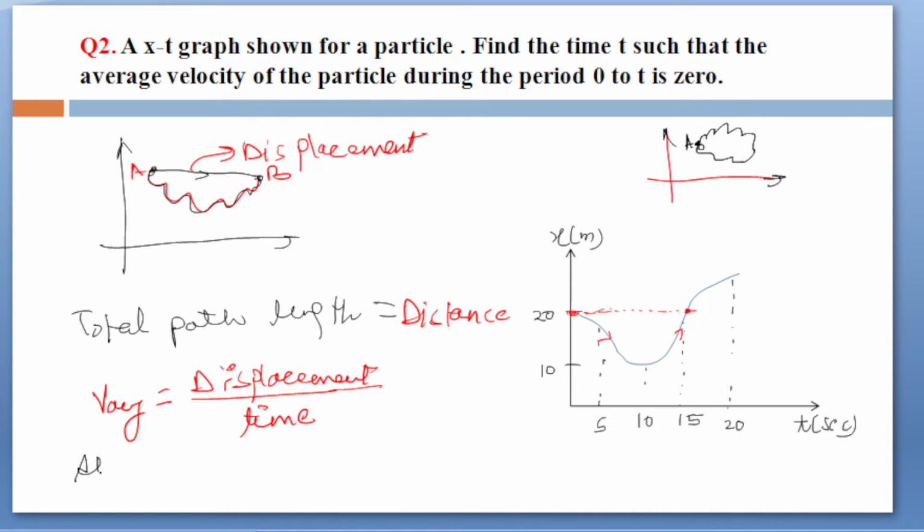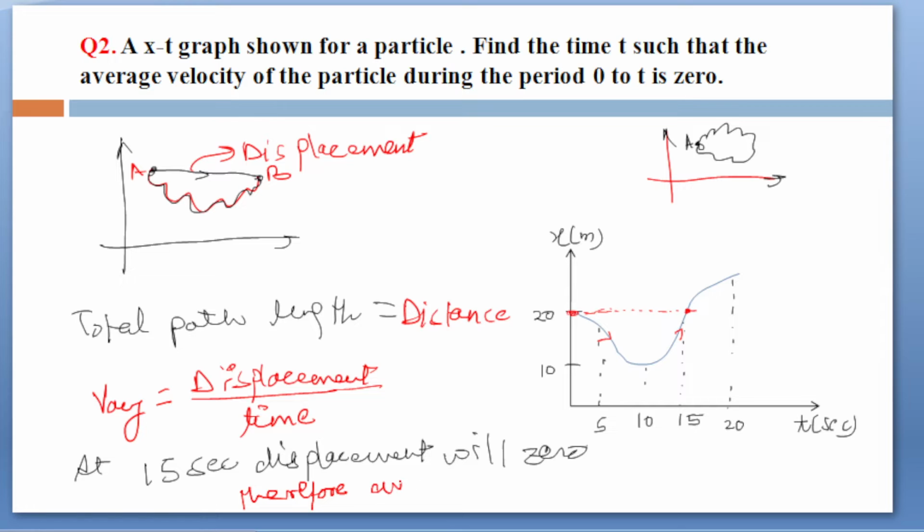So at 15 second the displacement will be 0, so average velocity will be 0, therefore average velocity will be 0 at 15 second.